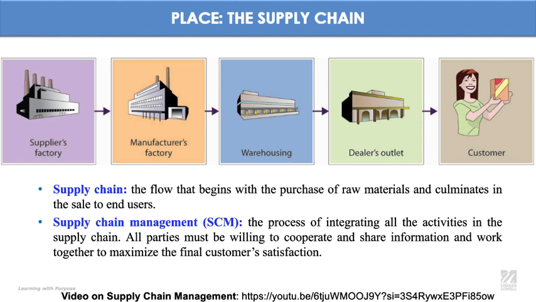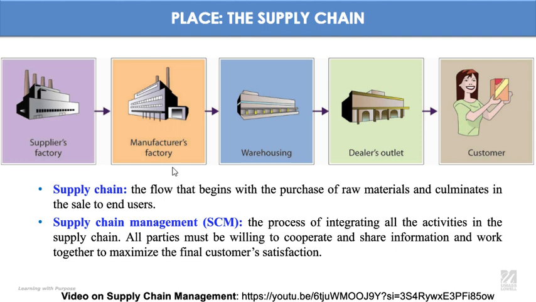So it can look like this. Let's say that we are the supplier, we are just producing raw materials. Let's say we're producing plastic. We just produce plastic for people. We send the plastic to a manufacturer's factory. They will create a toy for kids.